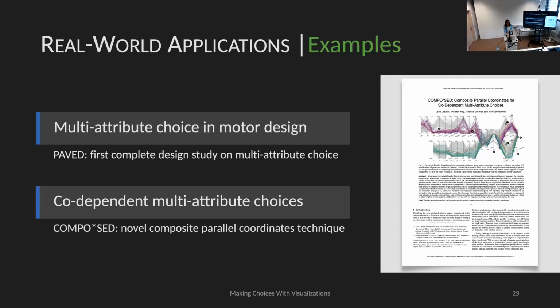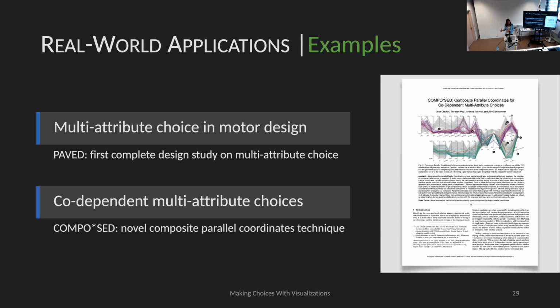Our collaboration started out with the development of PAVED, which is an interactive parallel coordinates visualization that helps the engineers learn what level of motor performance is achievable under which conditions. But then during the evaluation, the RCM engineers told me that, well, this is useful already, but what they need to decide upon are usually interacting mechatronic components.